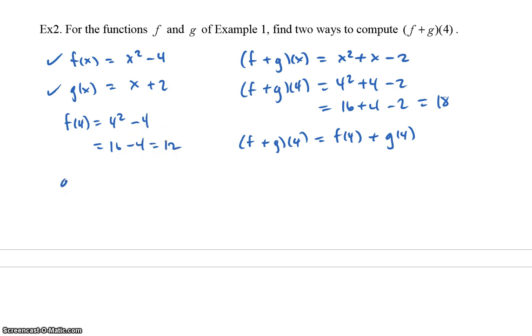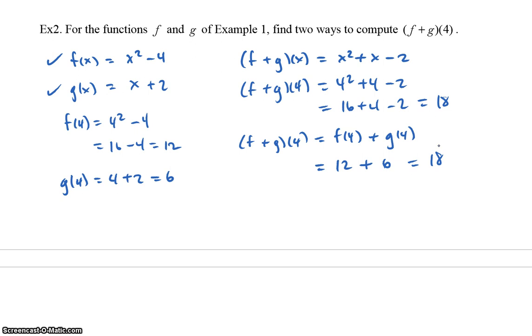G of 4, g of x is x plus 2, so that'd be 4 plus 2 is 6. Therefore, f plus g of 4 is f of 4, which is 12, plus g of 4, which is 6, and 12 plus 6 gives us the same result that we obtained before.